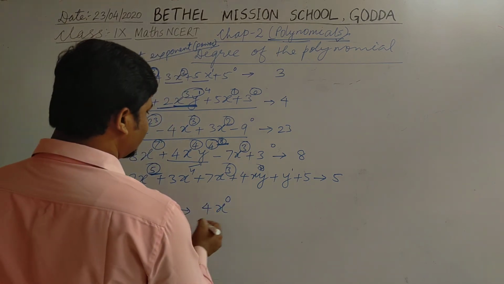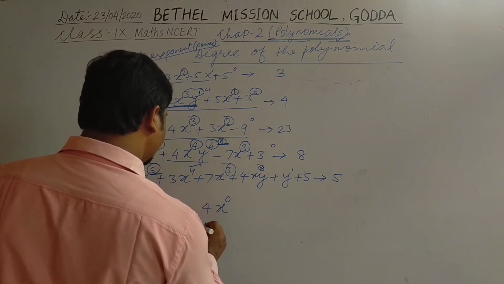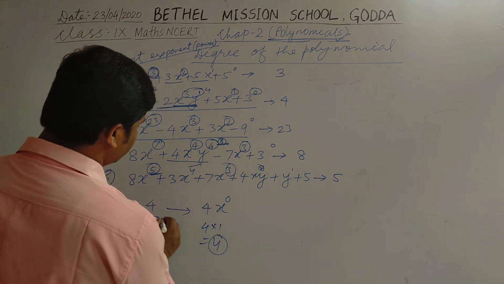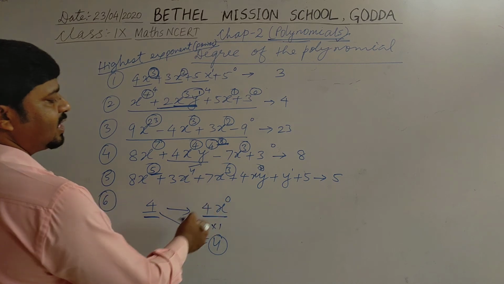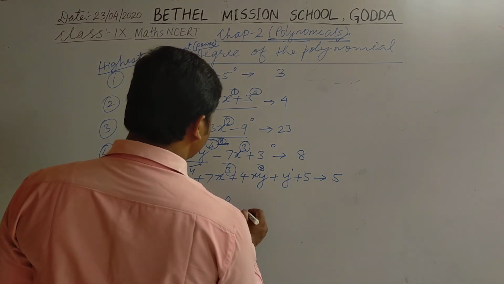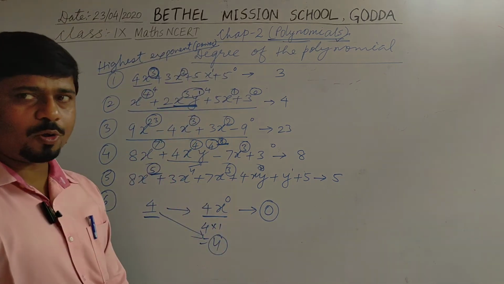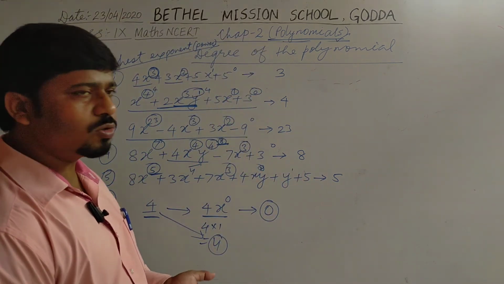We can write it like this because its value will be 4 into x raised to power 0, which is 1. So 4 into 1 is 4. So what will be the degree of this polynomial? The degree will be 0. So if any constant polynomial is there, then its degree will be 0. So I think you understood.